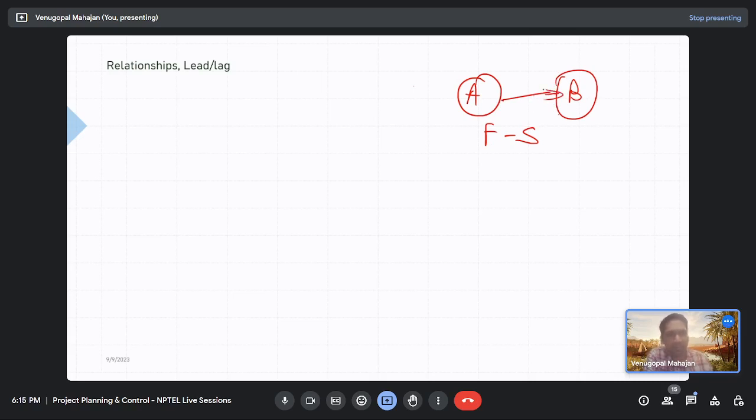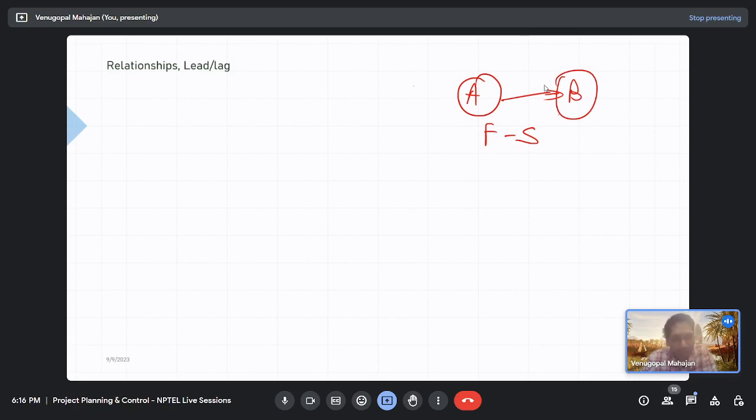This means 0 lag, 0 lead: it immediately starts after activity A finishes. But even if you have tasks that are concurrent, you may need some lead time or some lag time. It can be for a very basic thing like evaluation or inspection, right?